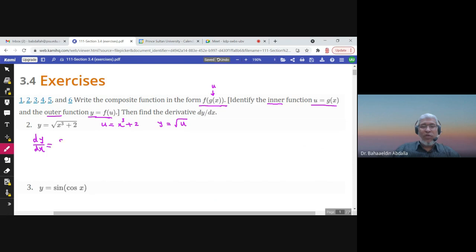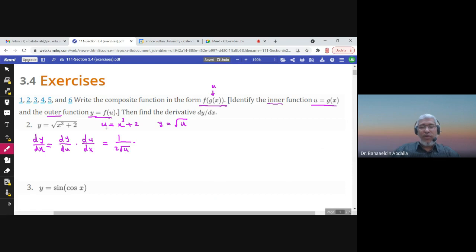You use the chain rule. Chain rule says dy by du times du by dx. So find the derivative of y with respect to u. This means the derivative of square root of u, which is 1 over 2 square root of u, times derivative of u with respect to x.